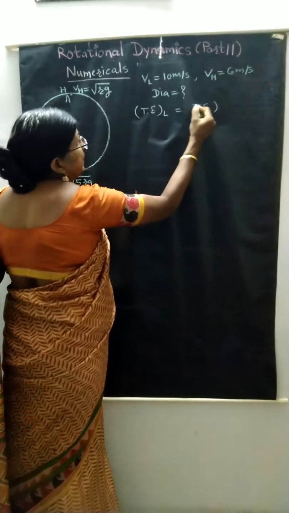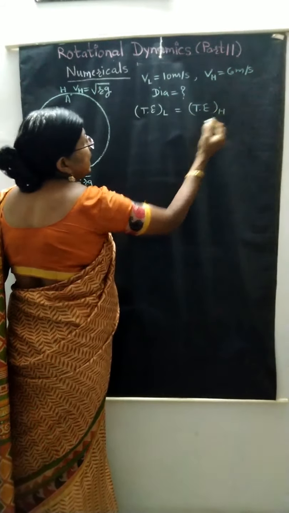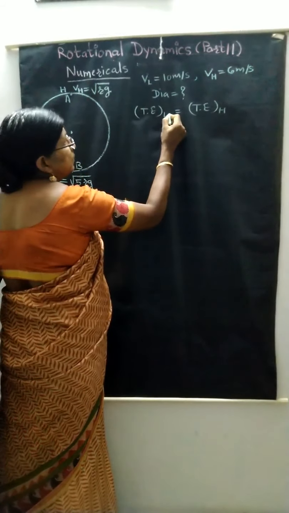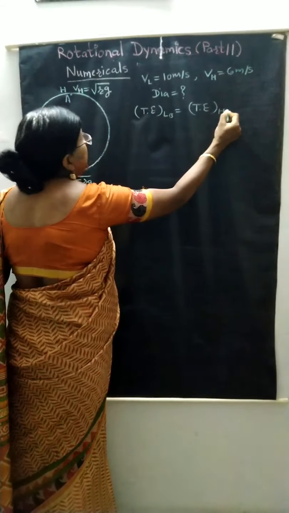Suppose we call this as point B and this as point A, then total energy at this lowest point B is equal to total energy at highest point, means at H.